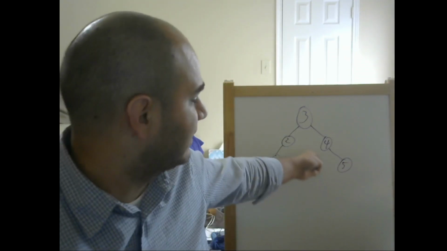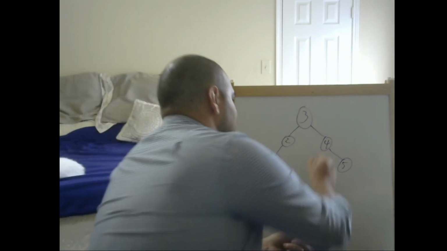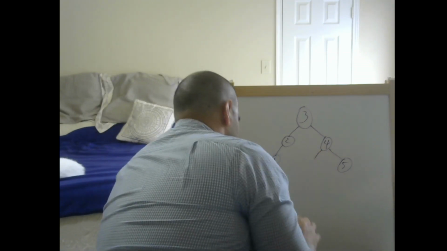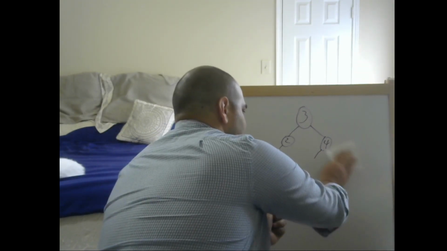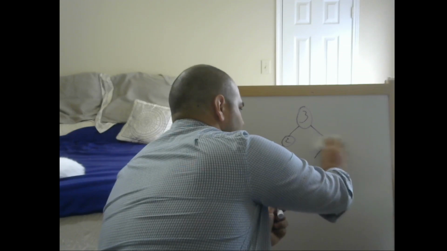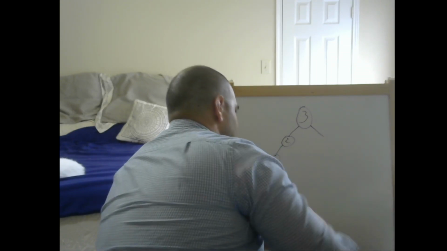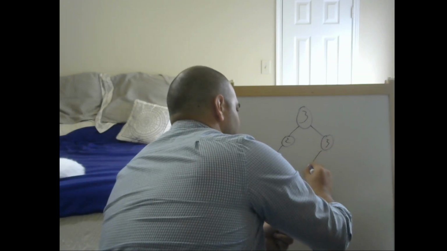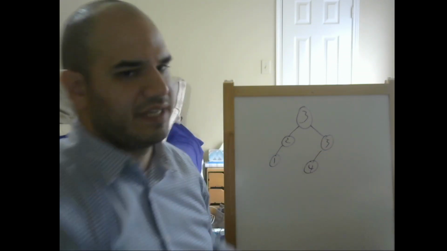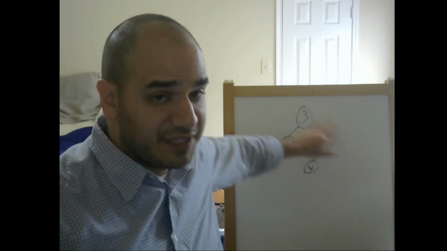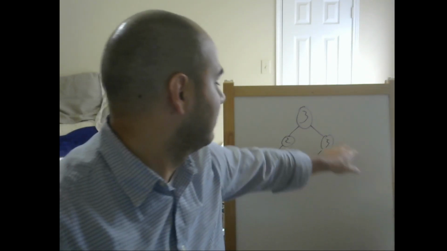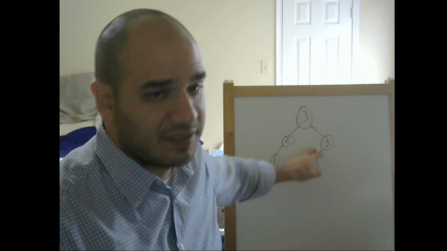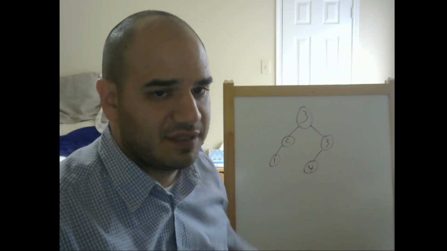So for the right hand side, we can do it like that, or where again 5 is greater than 3, so it's a right child, and then 4 is less than 5, so it's a left child.